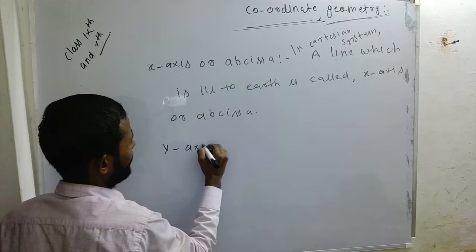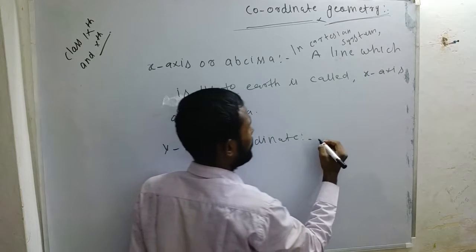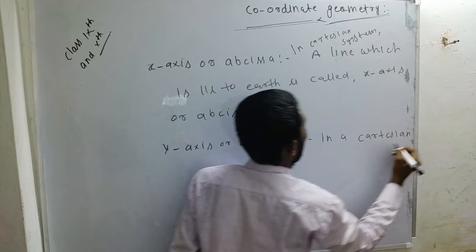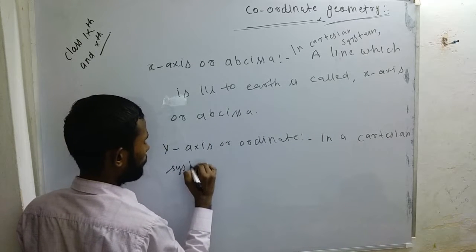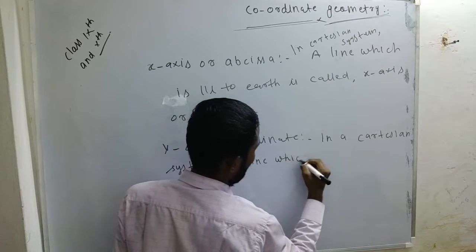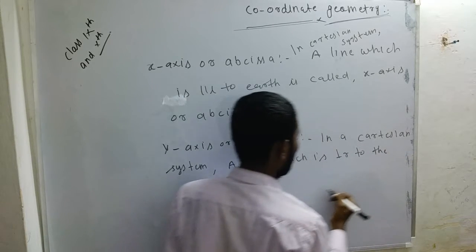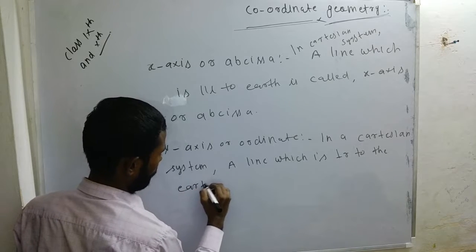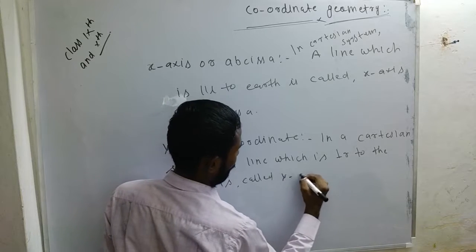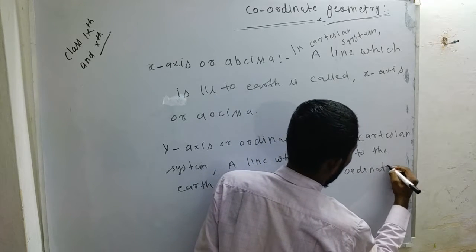Now we define y-axis or ordinate. It is also known as ordinate. That means in a Cartesian system, a line which is perpendicular to the earth is called y-axis or ordinate.